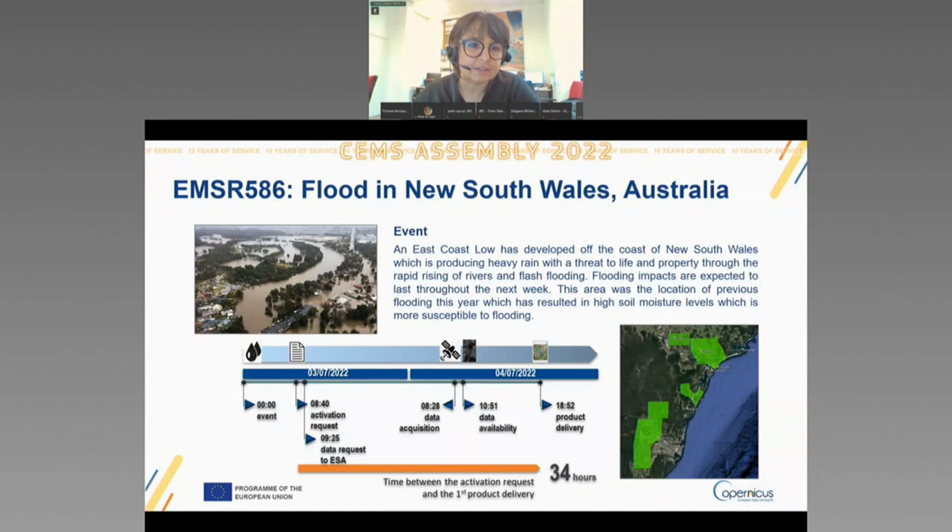We submitted the request of data, and we were able again to deliver the first product to the user 34 hours after the reception of the rapid mapping request.